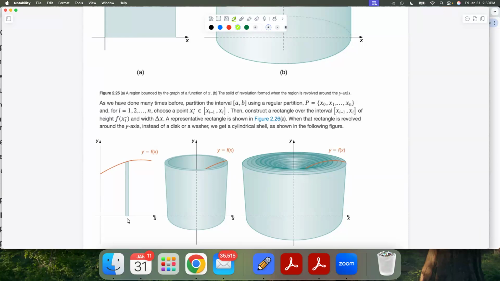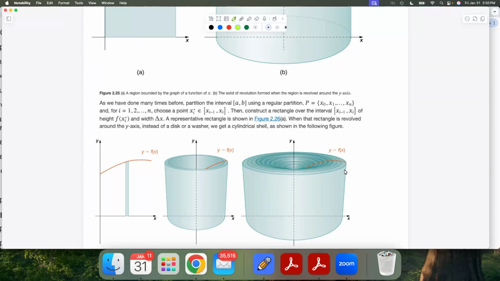And we're going to let that delta x go to zero so that this becomes paper thin. It becomes infinitely thin, and we build up our shape by adding on soup can labels from the inside all the way out. Imagine you just keep adding on hollow shells like this to the outside of what you already had until you build up the entire volume.